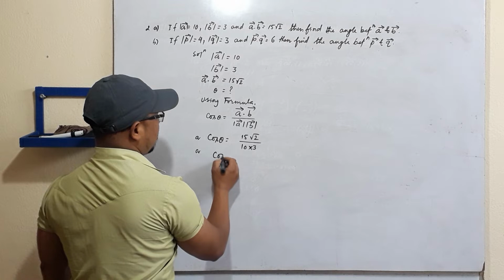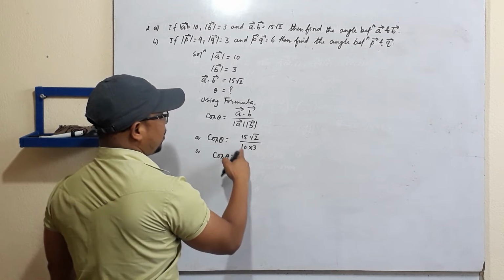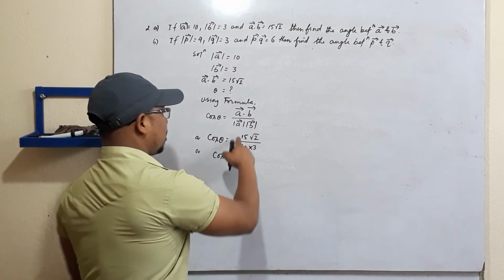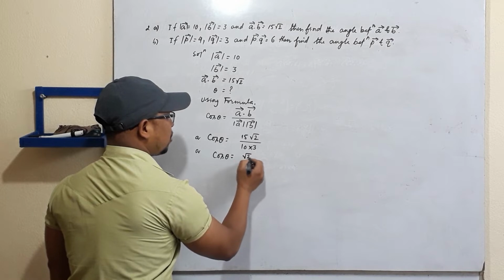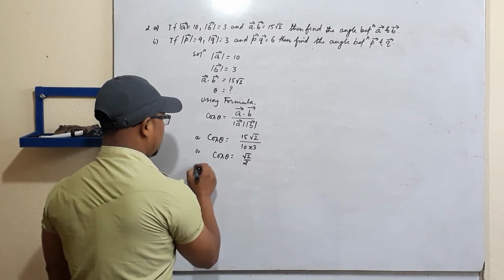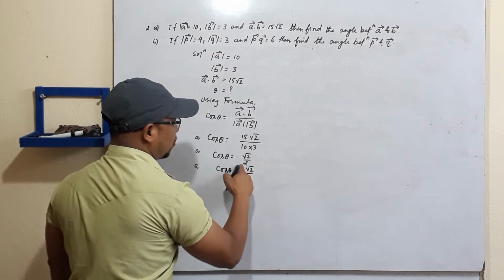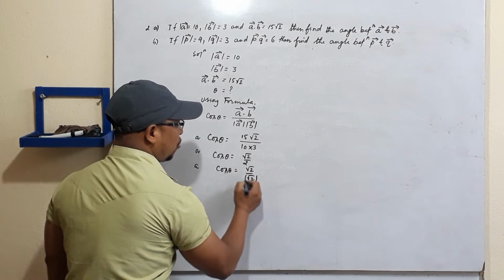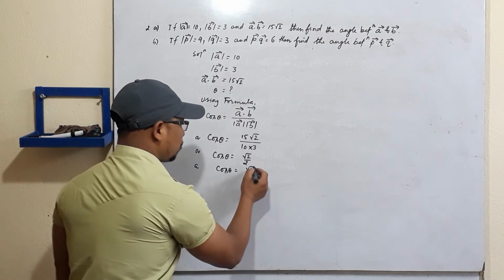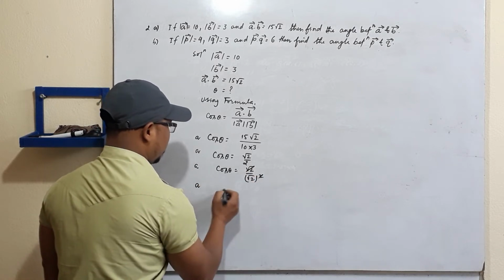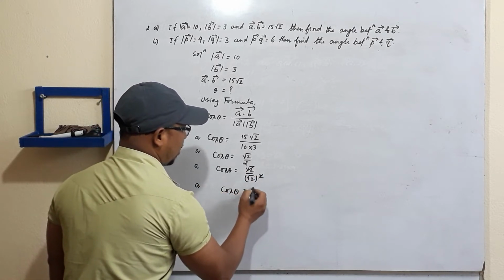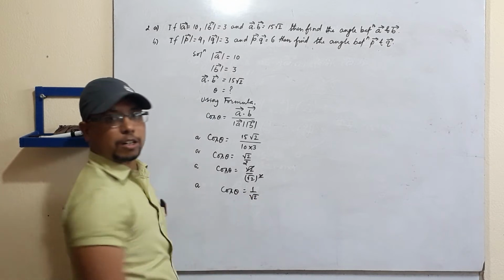So cos theta equals 15 root 2 by 30, that is root 2 by 2, which means root 2 over root 2 squared. The root 2 cancels, and cos theta equals 1 by root 2.